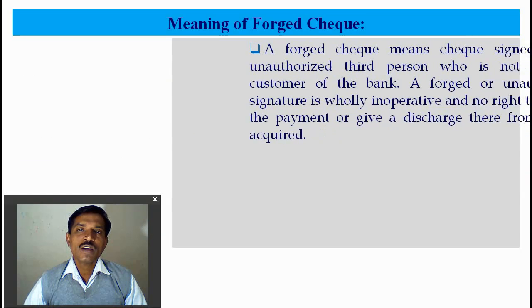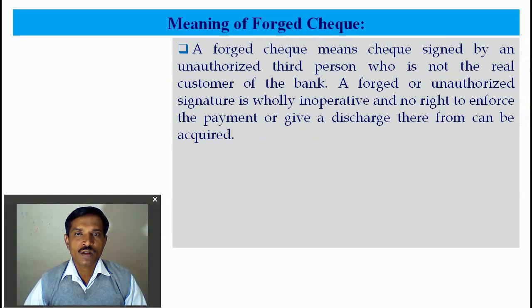So what is meant by a fraud check? A fraud check means a check signed by an unauthorized third person who is not a real customer of the bank. A fraud or unauthorized signature is wholly inoperative, and no right to enforce payment or give a discharge therefrom can be acquired.